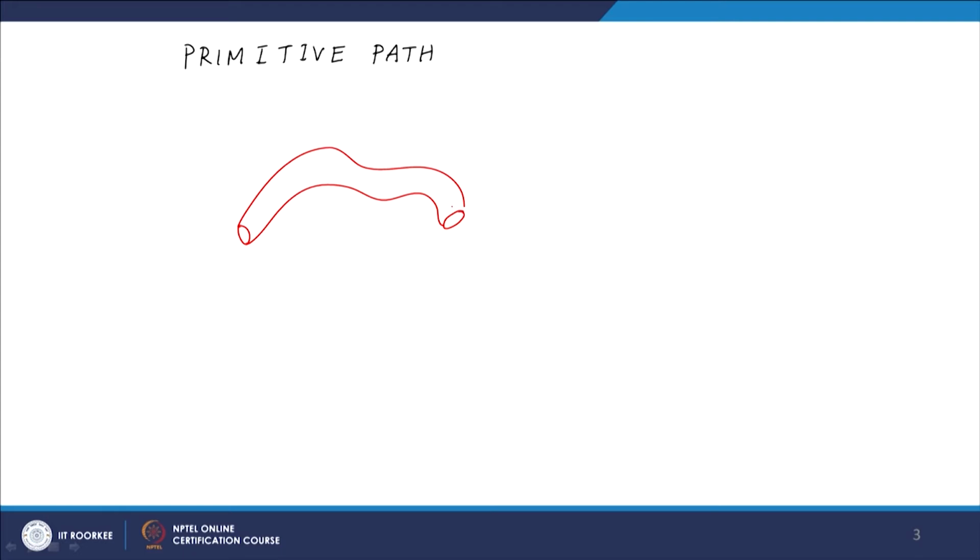The way I will define the primitive path is the shortest distance between the two ends of the tube. So, this is my tube, and if I connect the two ends with the shortest possible path, this will be my primitive path.